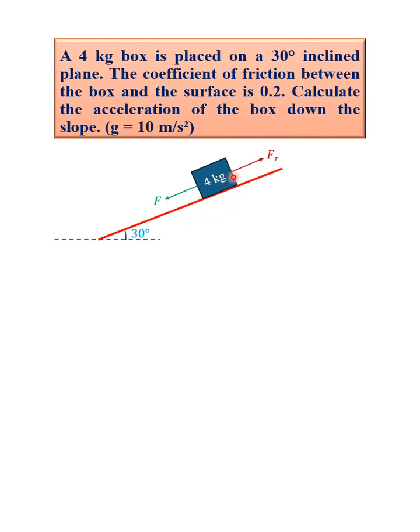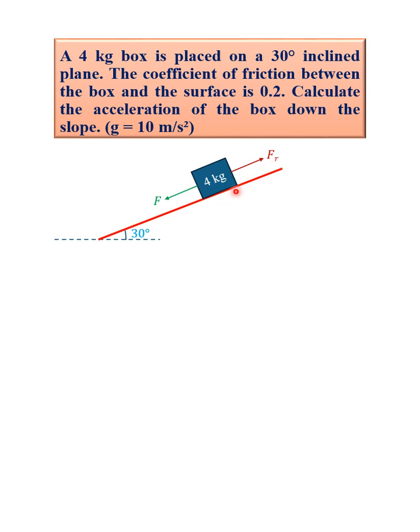Fr. So the difference between F and Fr, which we call the net force, is the force that actually pulls this object down the slope. What it means is that in this video, we need to find the value of F, or find a formula that represents F, and also a formula that represents the frictional force, Fr.